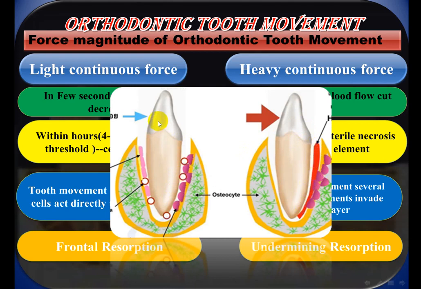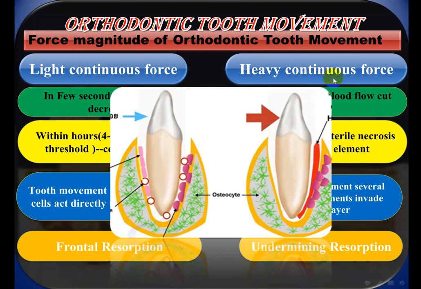In the light continuous force in the compressed side, the osteoclast cells come from the PD ligament space and start to remove the bone from the frontal side, directly facing it. So it is called frontal resorption.